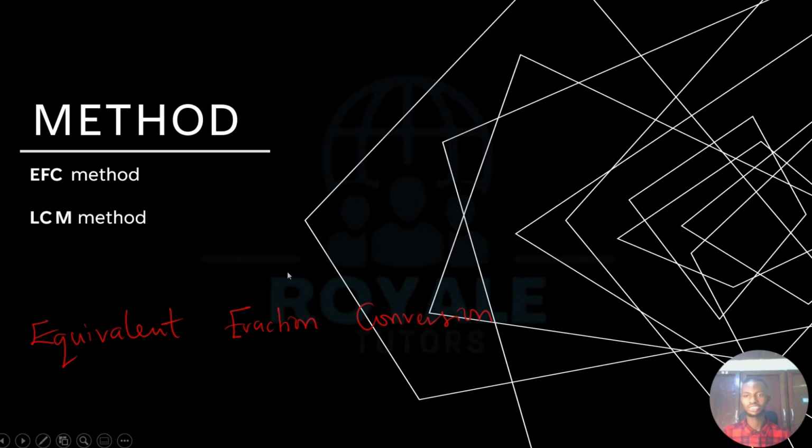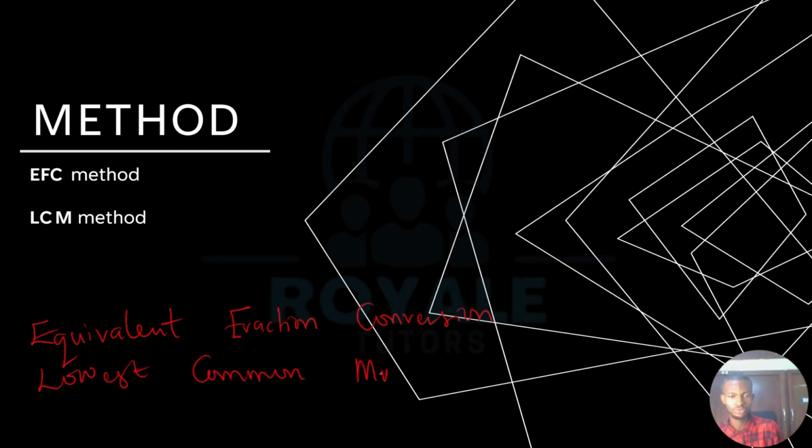Then the second method is LCM. In our previous videos, you've seen our videos on LCM, which is lowest common multiple. So we have the equivalent fraction conversion, we have the lowest common multiple method, and the third one is the CMAT.